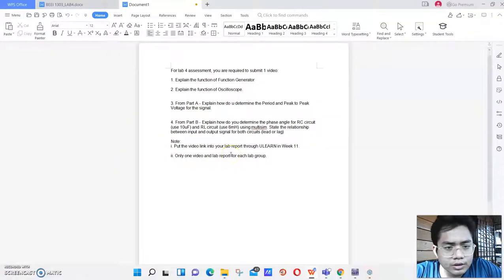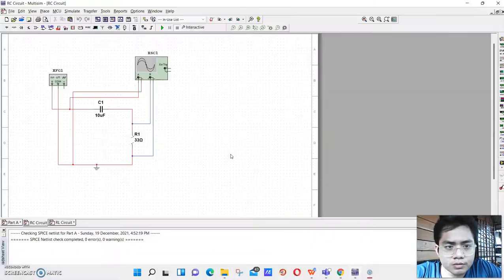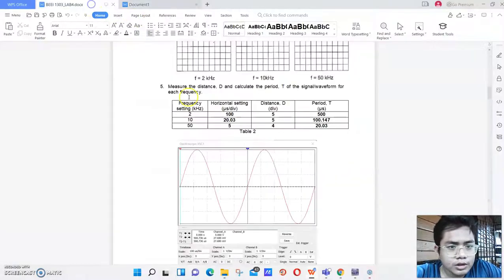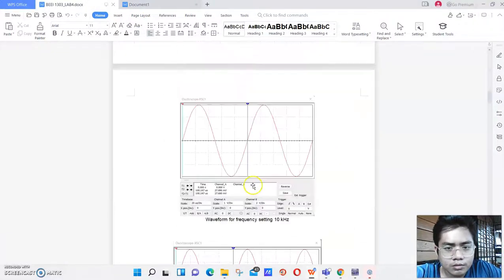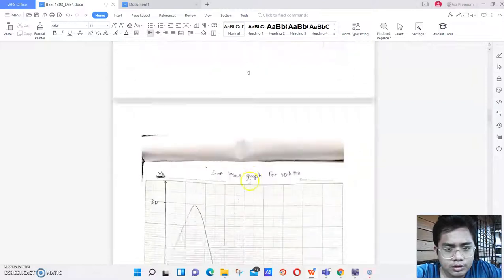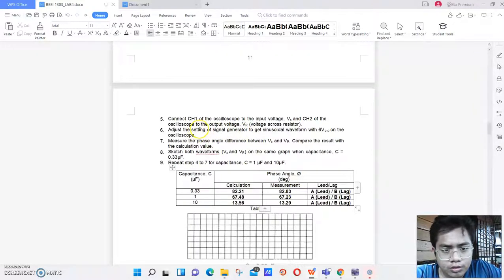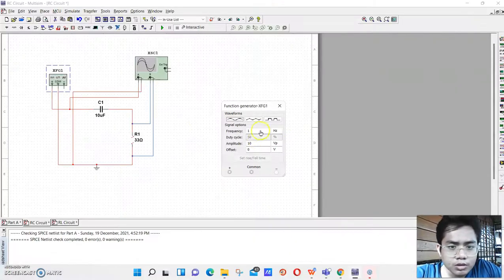We set the function generator first: 2 kilohertz, and the amplitude I will use 3 V peak, and we will run it.